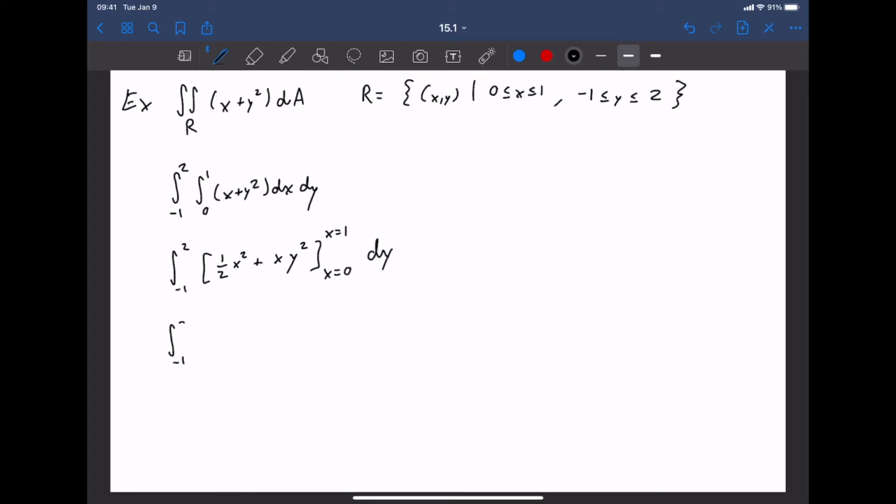This is a good choice for the order because when we're plugging in 0, a lot of stuff's going to go away. I have 1/2 plus y squared minus, they both will evaluate to 0. I hope we agree about that.